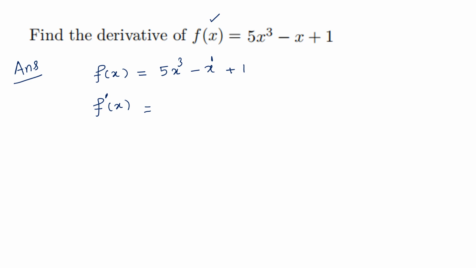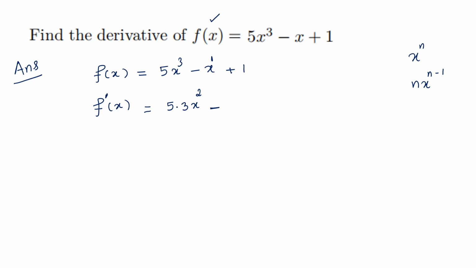This 5 is the constant. I am keeping 5. Multiply x power n derivative we know. x power n derivative is n times x power n minus 1. So here x power 3 derivative, x cube derivative is 3 times x power 3 minus 1, it is 2. Okay, so 5x cube derivative completed.